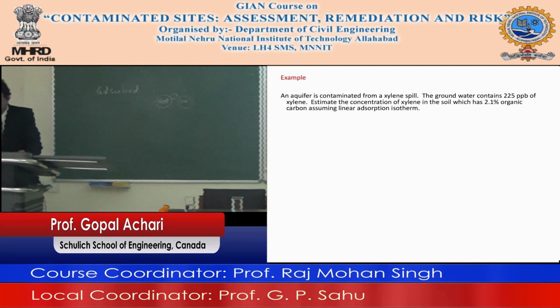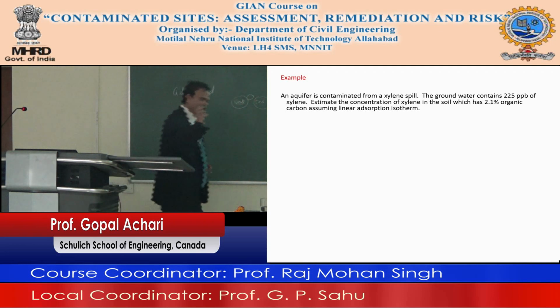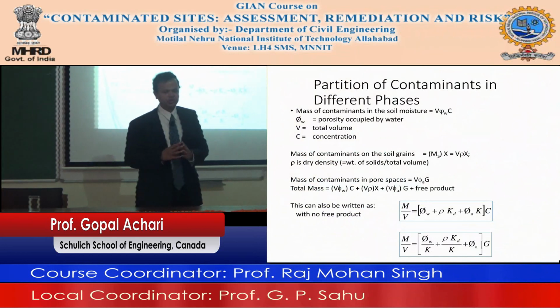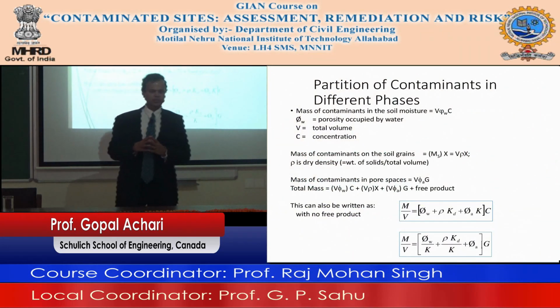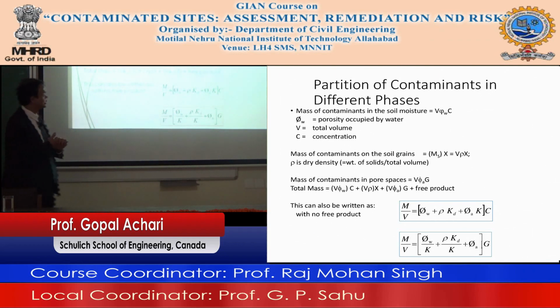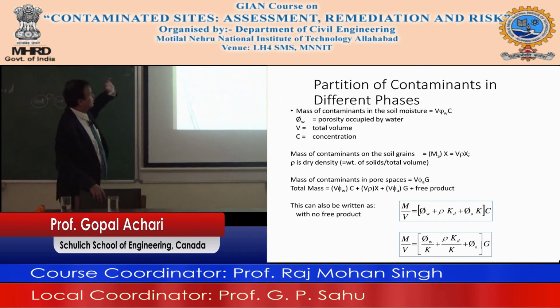Okay, so partitioning of contaminants in different phases. We learned liquid gas equilibrium by Henry's law. We learned solid liquid equilibrium by both Langmuir's and Freundlich's adsorption isotherms. Now I'm putting everything together.